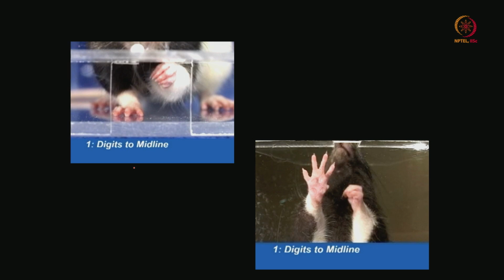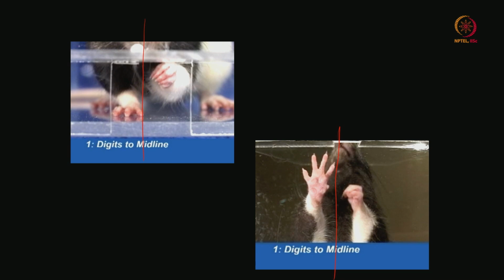It is a preparatory step for the full grasp of the movement that is going to happen. So you need to see that this is the midline and that is the midline of the rodent body. So is it really approaching the midline or not is something you need to really understand.